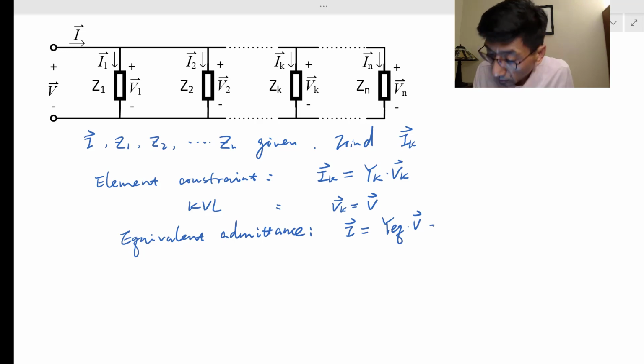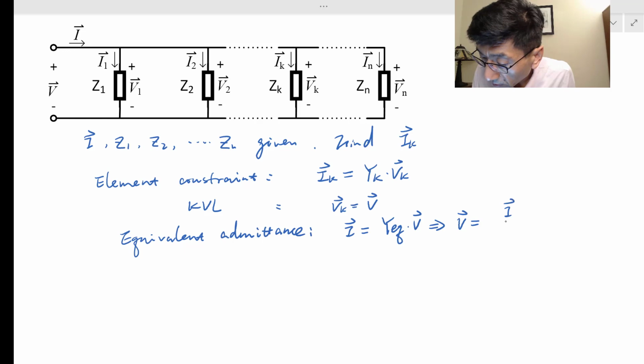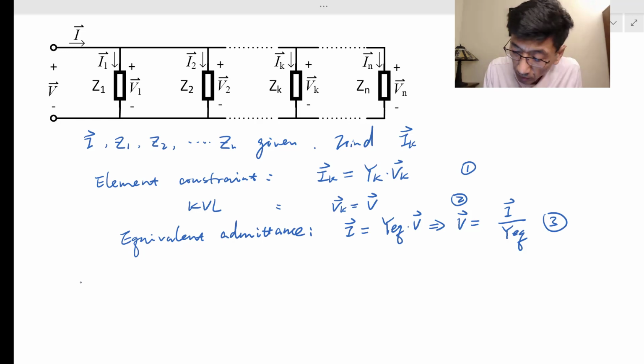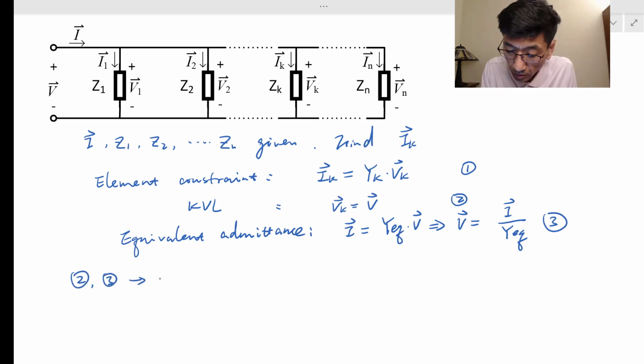Or in this case, we have V is equal to I over YEQ. So if we call this the first equation, this one the second equation, and this one the third, we can plug the second and the third equation into the first one, and what do we get?